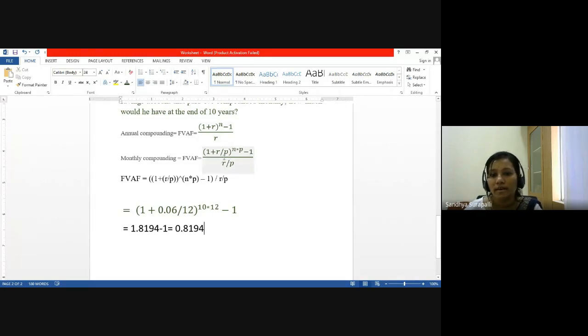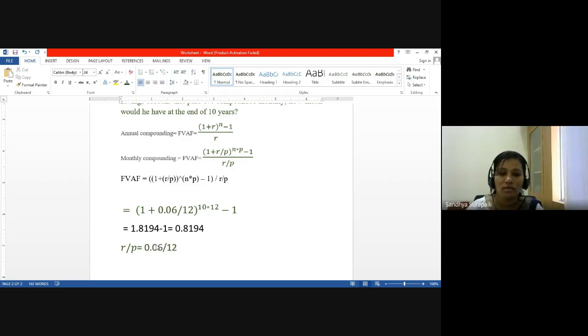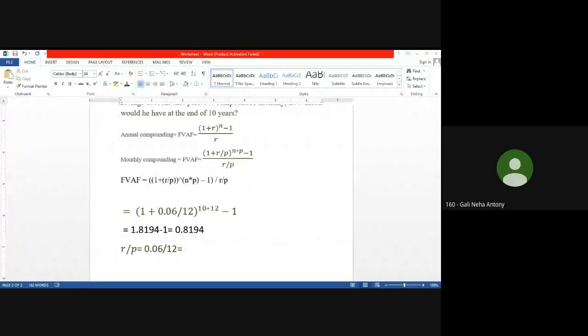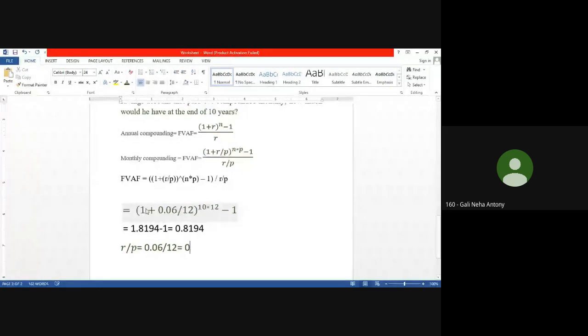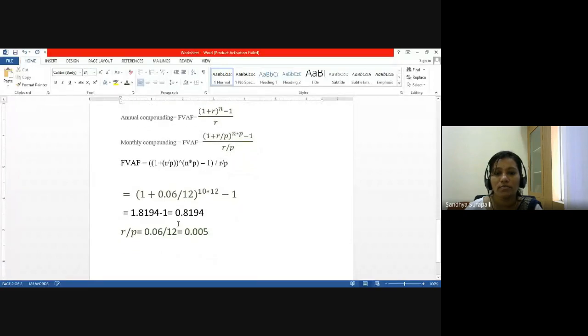Okay. Now the denominator. This is only the numerator part. Next is the denominator, that is R divided by P. How much is it? Same thing again, 0.06 divided by 12. It will be how much? I think it was 0.005. Now you find out the factor.